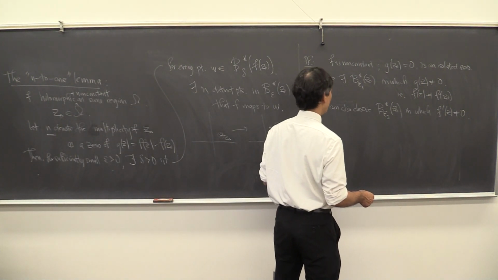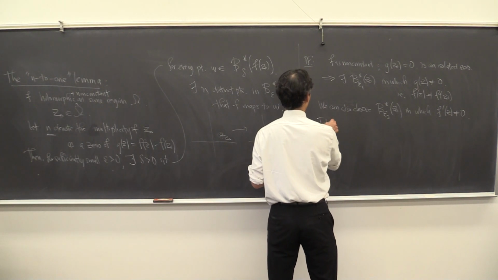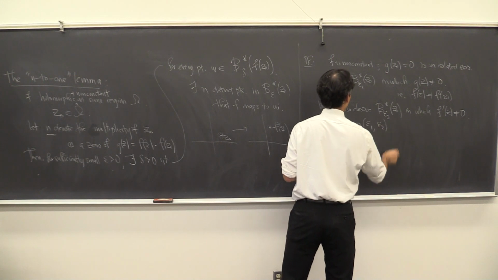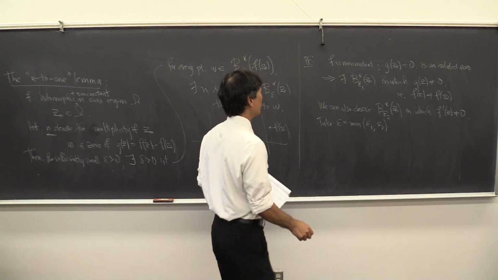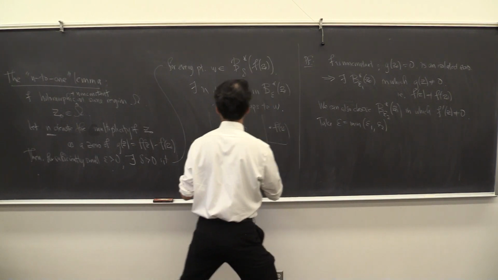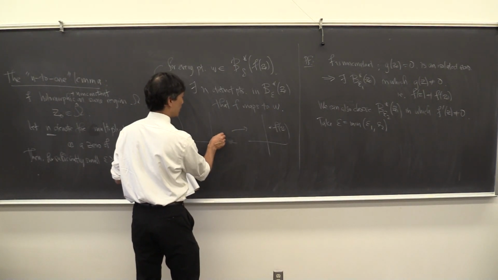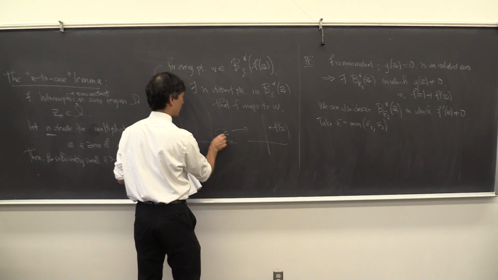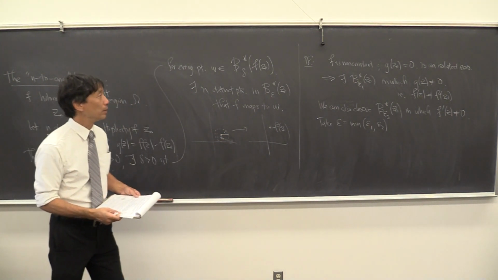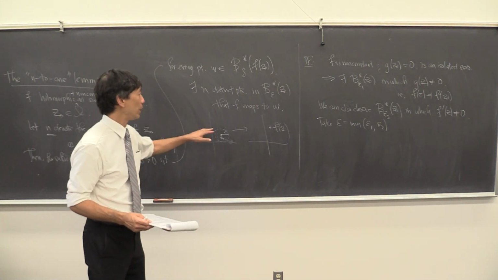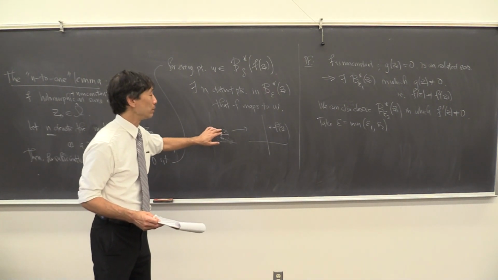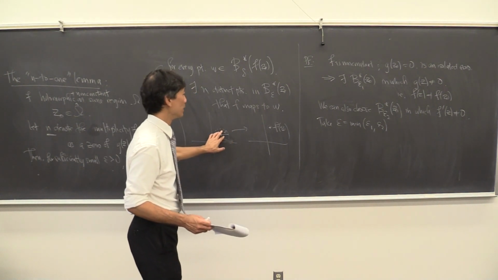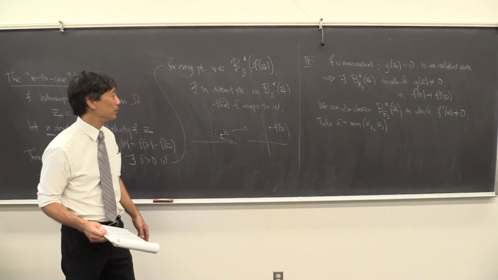Okay. So take epsilon to be the smaller of these two. That's going to be our epsilon neighborhood here. So f of z is not equal to f of z naught, and f prime of z is non-zero in this neighborhood.